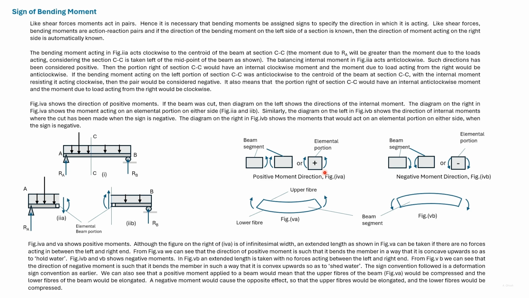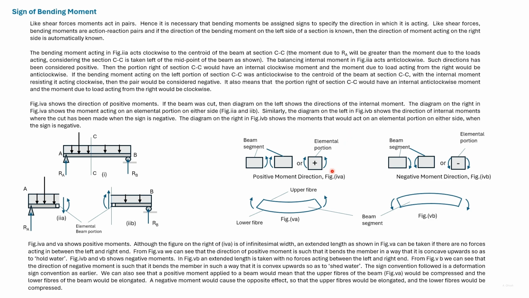We see that the direction of the moment here has the same direction as the moment here, and the direction of the moment on the right side has the same direction here. So these two elements overall, considering both the left and right side, will be subjected to the same moments as this element and therefore are subject to positive moments.